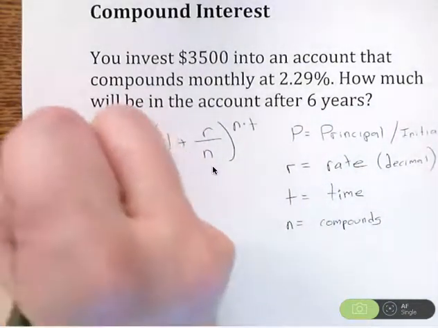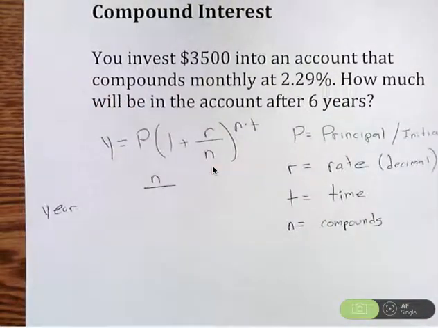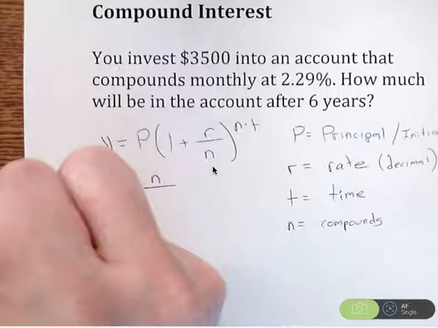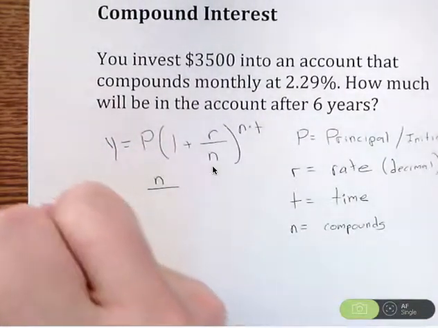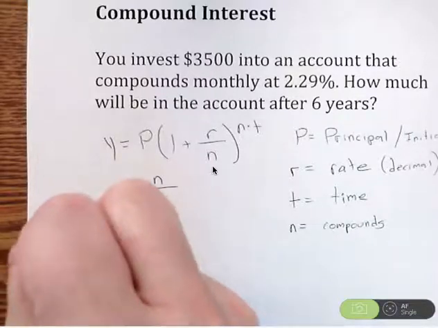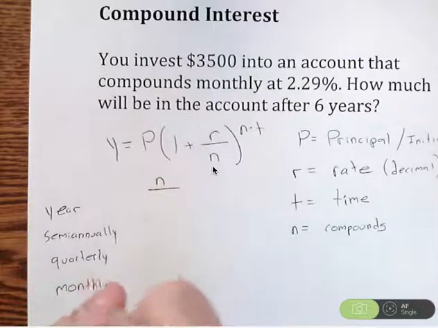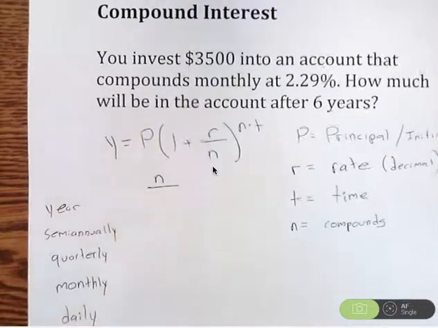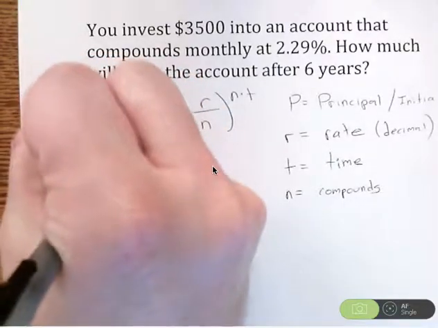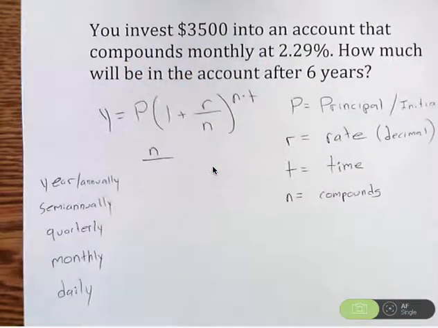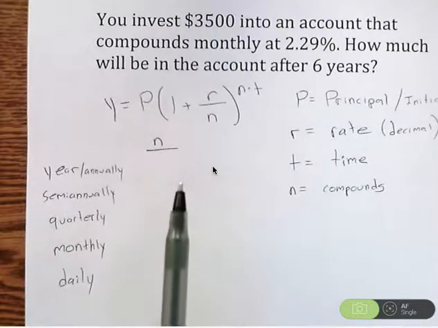The common vocab is you'll see compounded annually or yearly, semi-annually, quarterly, monthly, and then daily. Those are the common language, and these words are basically telling you what N is.